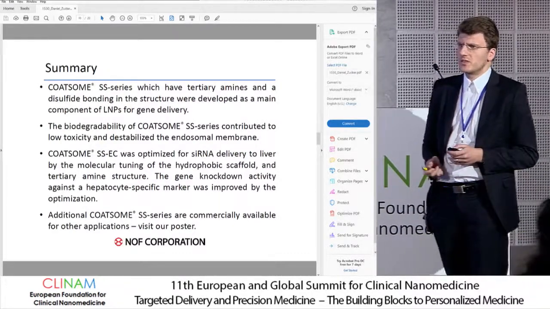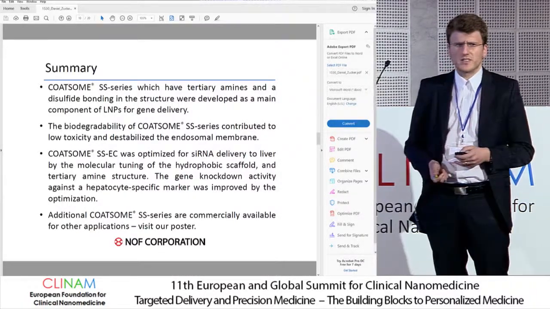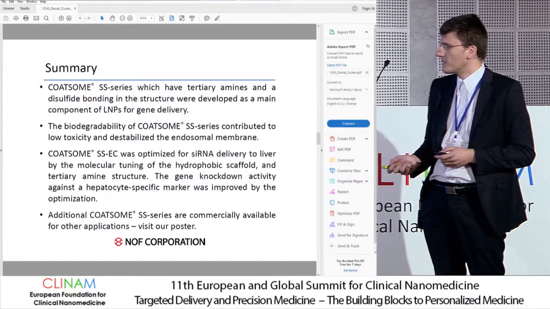The optimization of its hydrophobic structure enables us to achieve higher targeting in vivo.